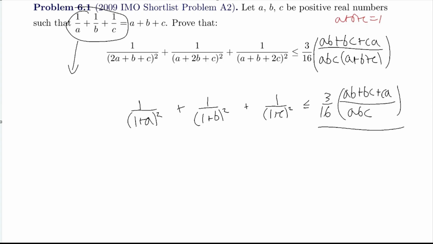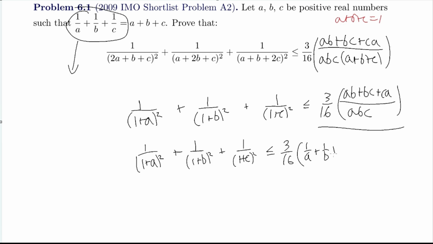Honestly, we could have just done 1 over a plus 1 over b plus 1 over c over a plus b plus c from the start, and we wouldn't have to deal with that. But still, we end up getting that 1 over 1 plus a squared plus 1 over 1 plus b squared plus 1 over 1 plus c squared is less than or equal to 3/16 times 1 over a plus 1 over b plus 1 over c.